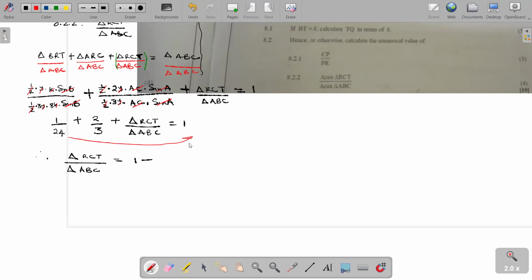Take this one to that side, take this one to this side. So it's going to be minus 1 over 24 minus 2 over 3. Then we can use the calculator. Let's check the calculator.